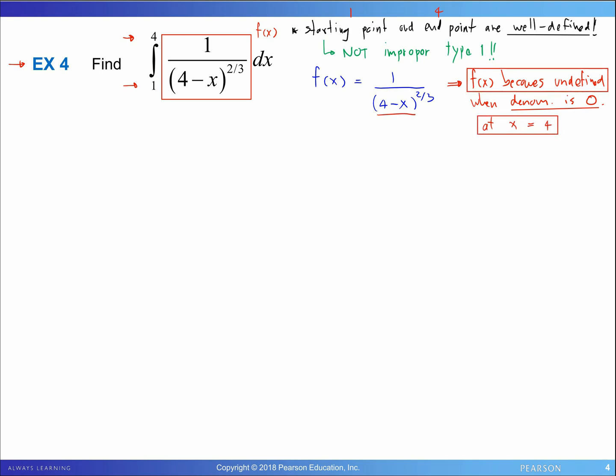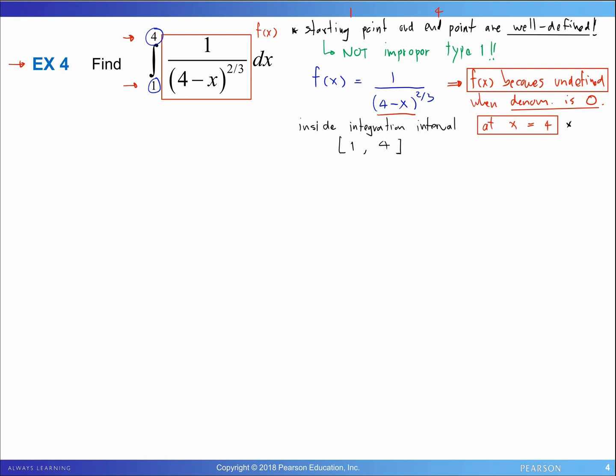And it turns out that this point, x equal to 4, is inside the integration interval, which is from 1 to 4. From the starting point 1 to the end point 4.